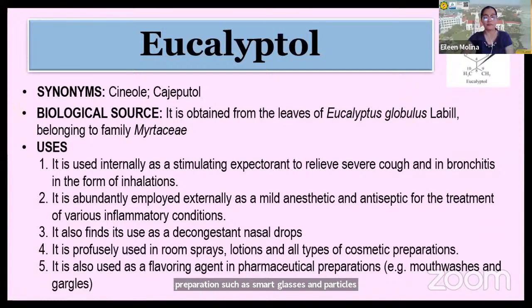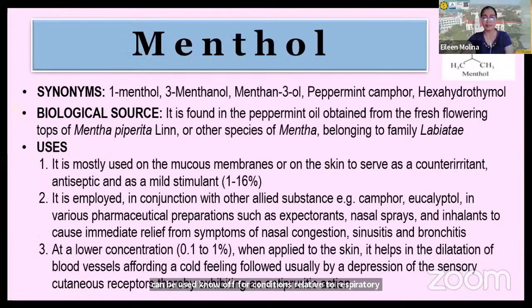So for NCDs, you can see it can be used for conditions relative to respiratory ailments. Next. Menthol, on the other hand, is found in the peppermint oil, obtained from the fresh flowering tops of Mentha piperita.